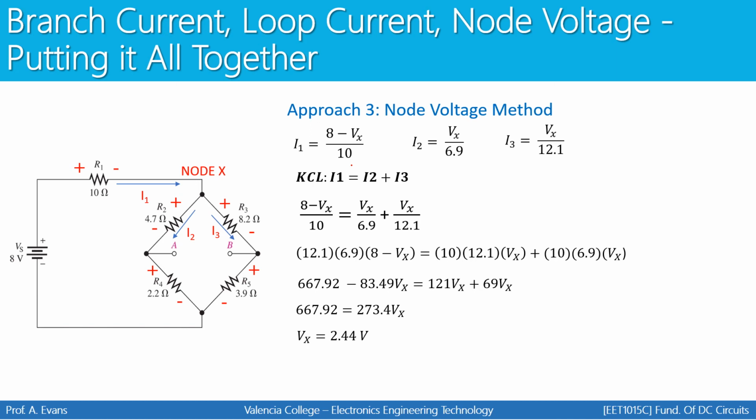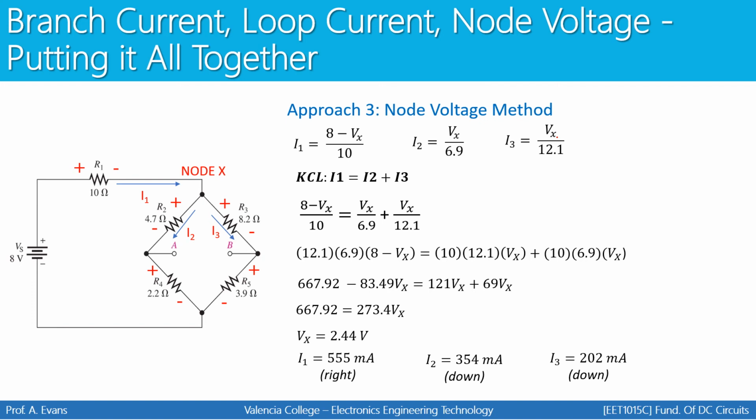Now that I have Vx, I can take Vx and plug that right back in to each equation up here to find each branch current. And you'll end up with I1 being 555, I2 being 354, and I3 being 202 milliamps.